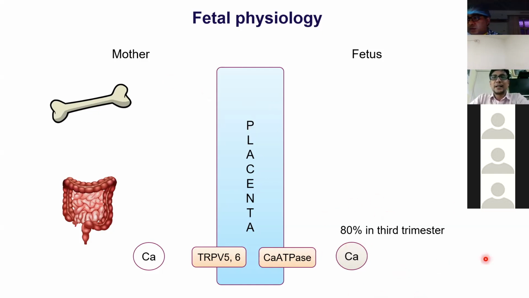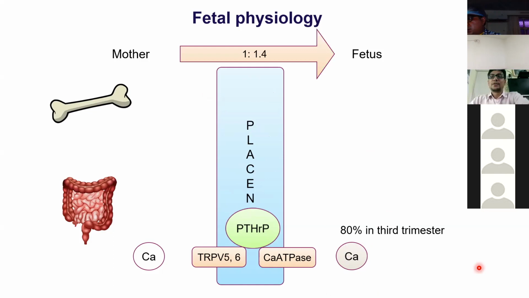That happens mostly in the third trimester. That is why babies who are born preterm are prone to have hypocalcemia. I've talked already about this: the gradient is higher on the fetal side, so the transport has to be active.